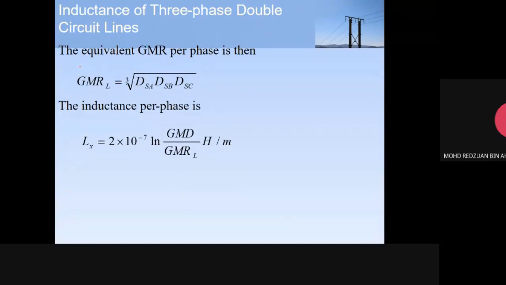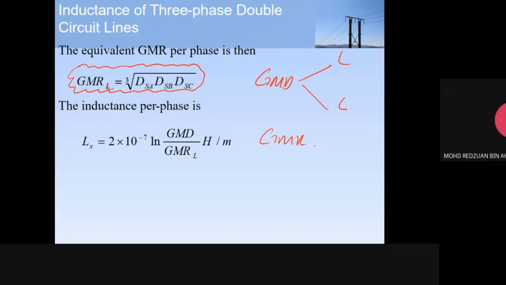Okay, this GMR, because we are now in the inductance subtopic, is the GMR for L inductance, because GMD can be used to calculate L inductance and C. The GMR for inductance is different from the GMR for the capacitance.